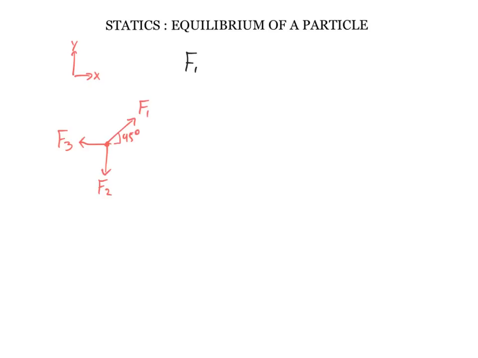So we want to know F1, and then we write comma x, and we want to know F1 comma y. F2 and F3 are already oriented in the directions of the coordinate system, so we don't need to decompose them. But how do we decompose this force?